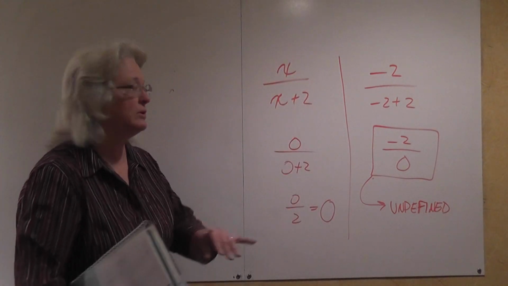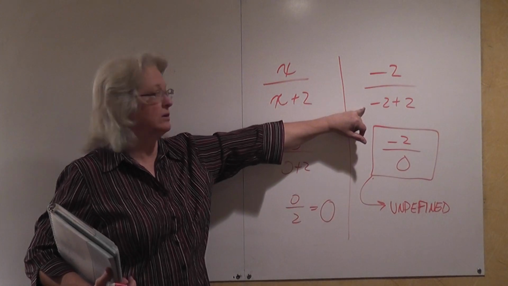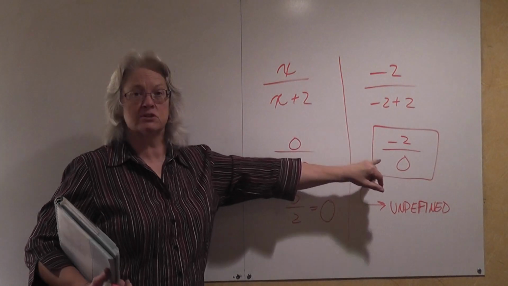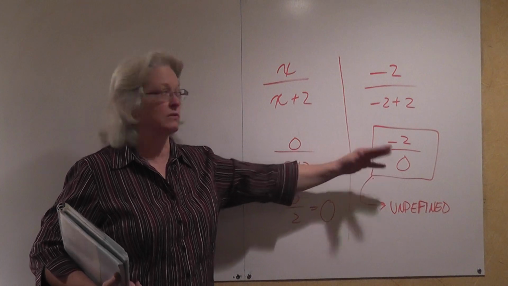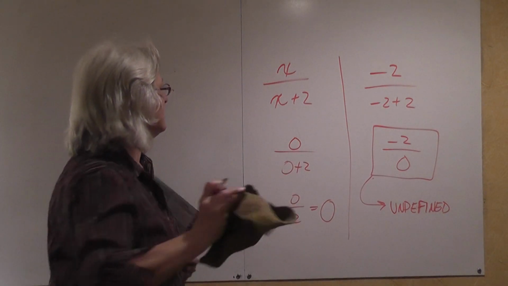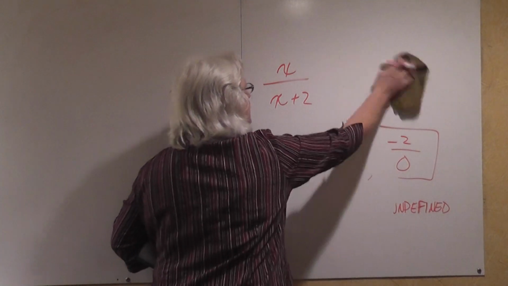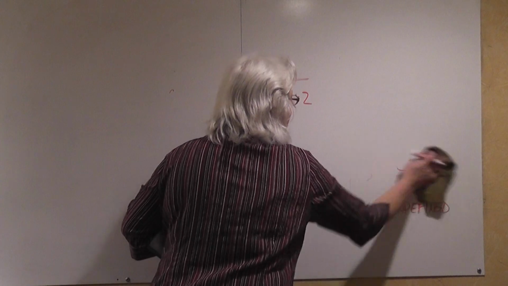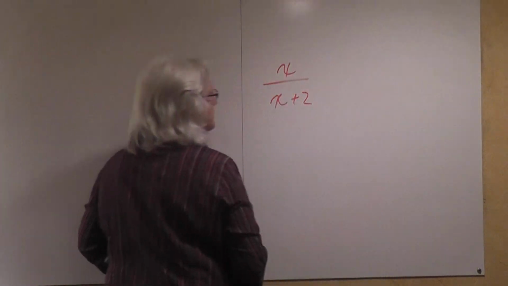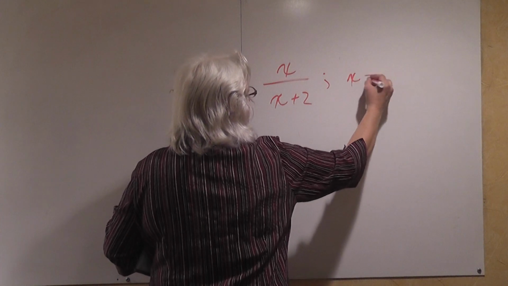Since we have determined a value for x, which is -2, that gives us a result of 0 in the denominator, we would say with this rational expression here, x divided by x plus 2, that x could not be equal to -2.